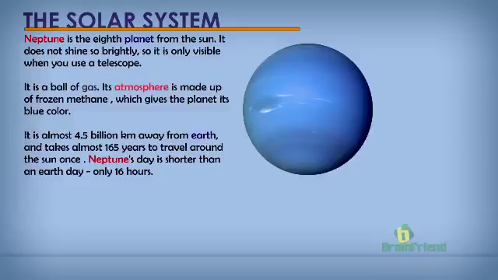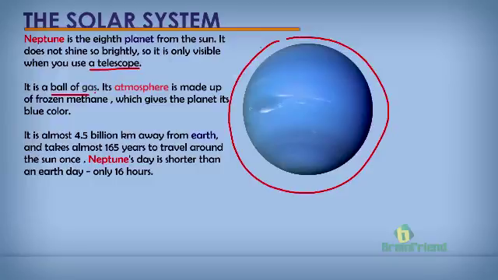Neptune is the 8th planet in the solar system. It does not shine so brightly, so it is only visible when you use a telescope. Neptune is a ball of gas, and like its brother planet Uranus, it is blue in color.